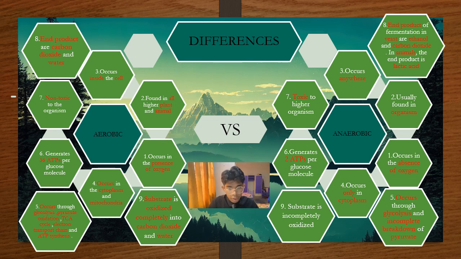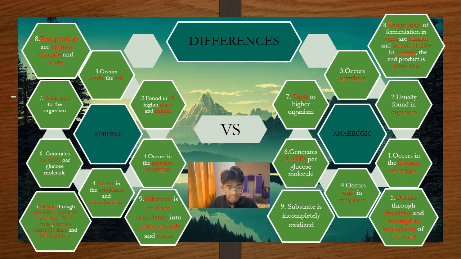Next, aerobic respiration occurs through glycolysis, pyruvate oxidation, TCA cycle, electron transport chain, and ATP synthesis, while anaerobic respiration occurs through glycolysis and incomplete breakdown of pyruvate.